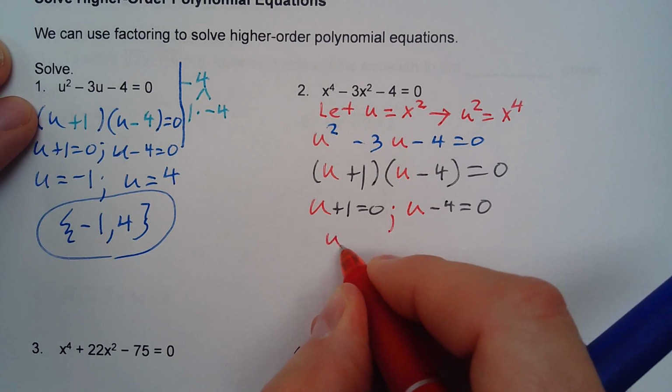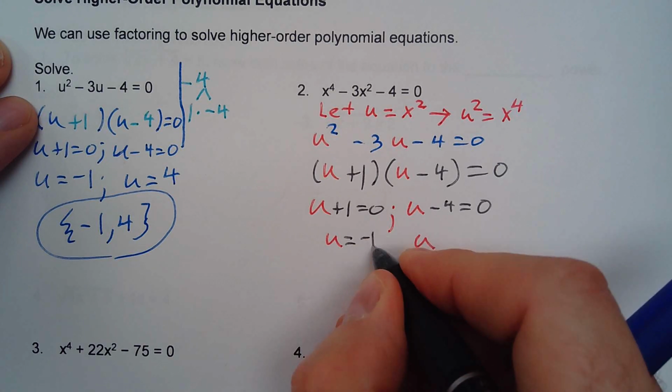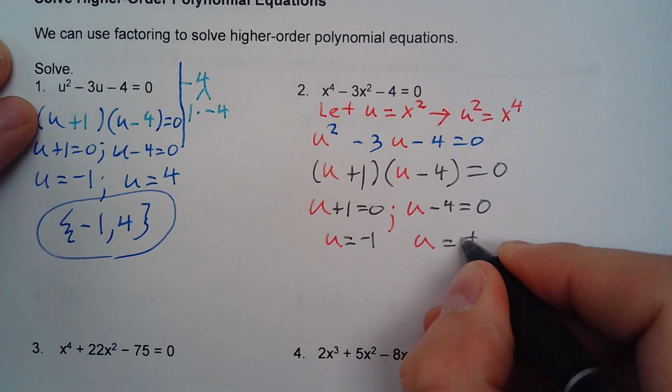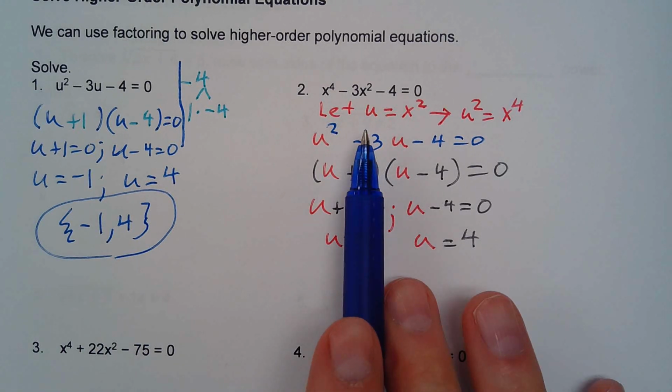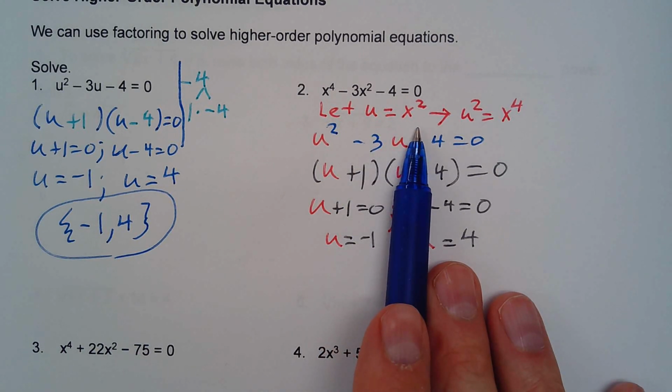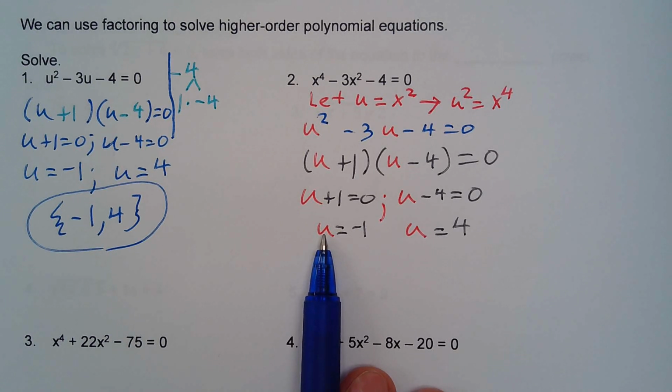So that gives me u equals negative 1 and u equals positive 4. Now, we weren't really solving for u, we're trying to solve for x. But keep in mind, u is the same thing as x squared. So now, I can replace this u down here by an x squared.